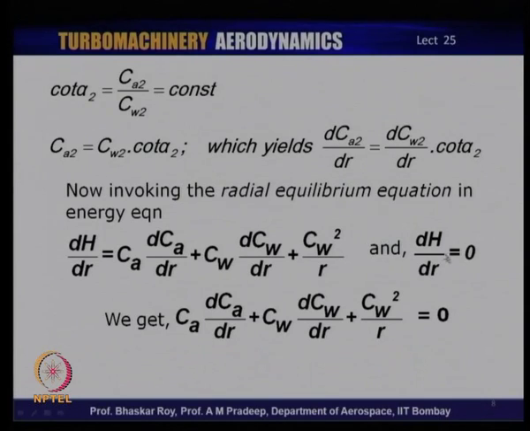And then if we invoke dH/dr equal to 0, that means enthalpy variation in the radial direction is 0, that means enthalpy is constant. It is isoenthalpic flow over the entire annulus.